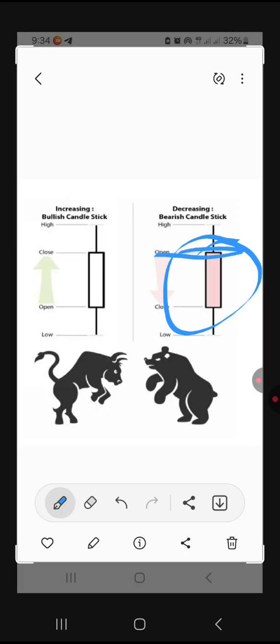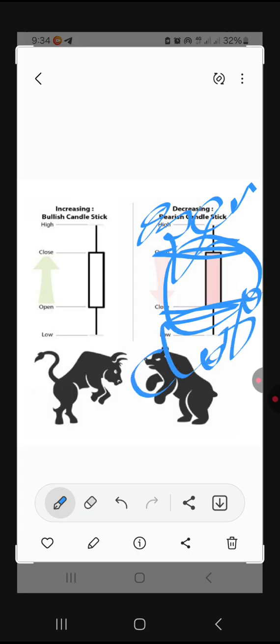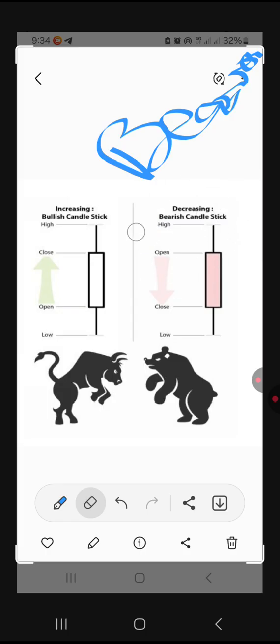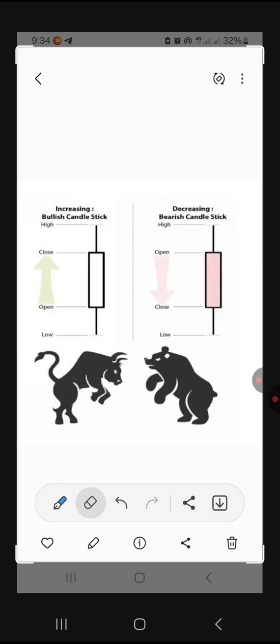So it opened at this point, closed at this point. So the open is higher than the close. So we say this one is bearish. Are we understanding? Is it clear? Don't worry, I'll show you much more detail. So let's move.